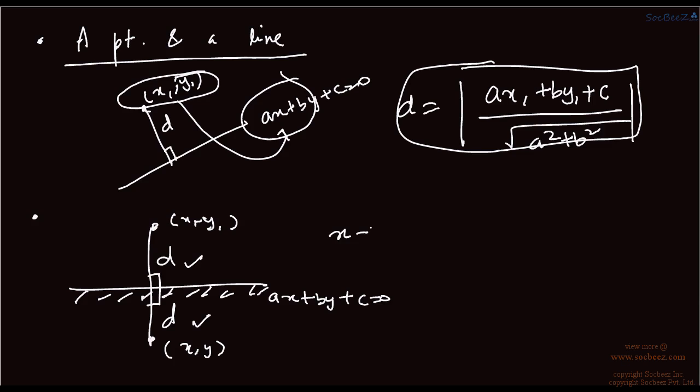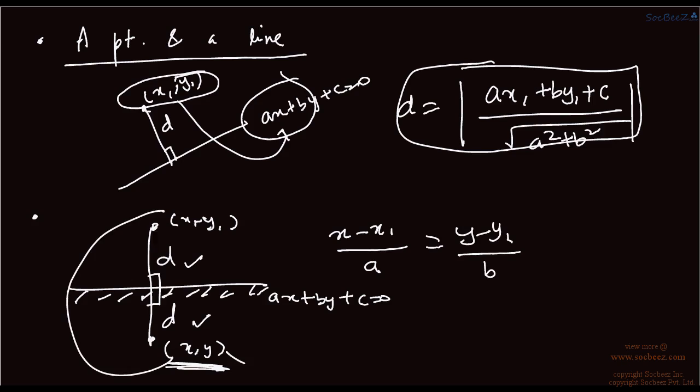So the formula comes out as x minus x1 by a. That is, you take a point x and y, and x minus x1 upon a will be equals to y minus y1 upon b, which is equals to minus 2 times. Keep this in mind, minus 2 times.